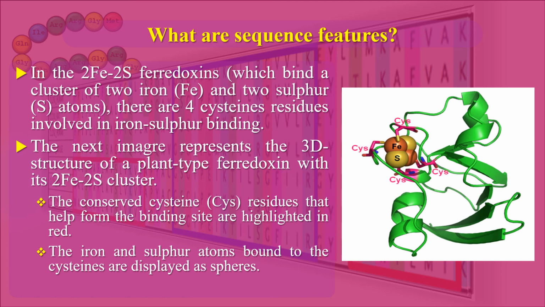The iron and sulfur atoms bound to the cysteine are displayed as spheres.